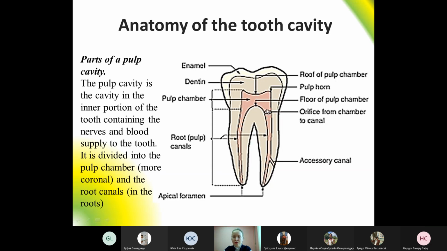Orifices are entrances to root canals. Then there is the root canal with its main canal and accessory lateral canals, and here you have the apical part of the root canal.